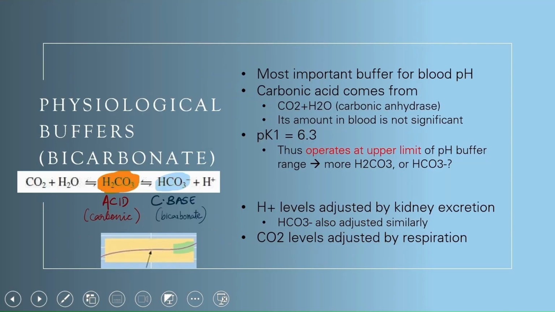Okay? Now we have three types of physiological buffers, the first one being the most important because it plays the biggest role in your blood. This buffer is called a bicarbonate buffer, because over here you can see H2CO3 is your weak acid. Okay? Now, how is this weak acid formed in your body?